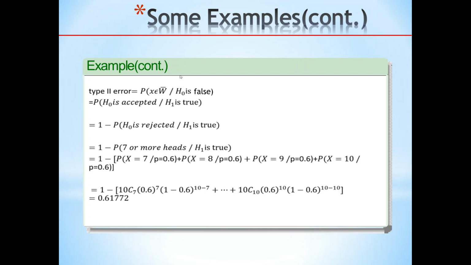And the null hypothesis is rejected when there are 7 or more heads. So we can write it as 1 minus P of 7 or more heads given the alternative hypothesis is true.